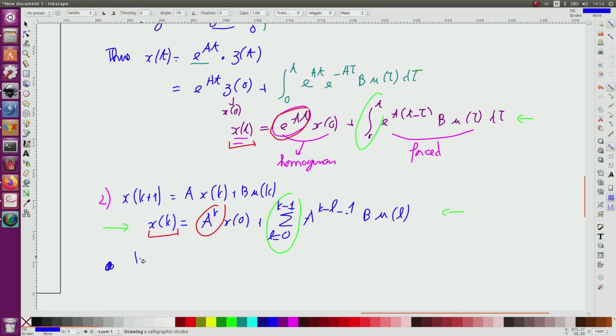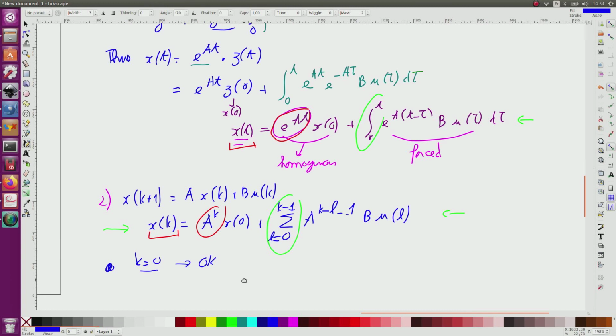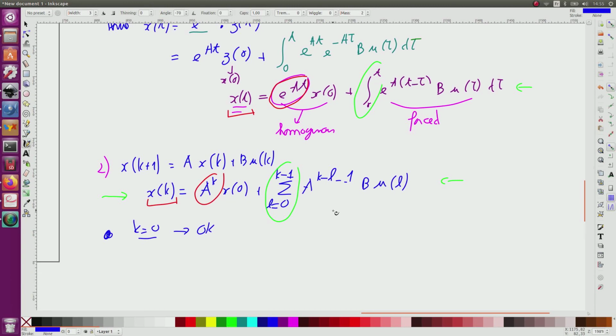For k equals 0, I can see that this will correspond to the identity and obtain x0 equal x0. So it is okay. Now I have to show that if this formula is true for k, it is also true for k plus 1. It is the principle of the proof by recurrence.